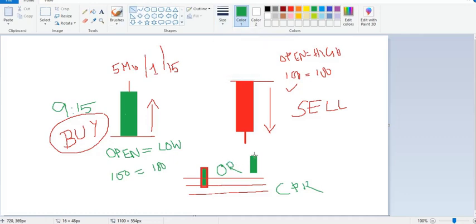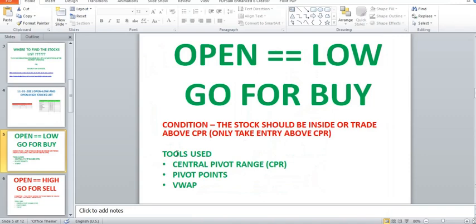There are no wicks on the downside. This is called open is equal to low. The conditions: the stock opens inside the CPR or above the CPR. Only take entry above CPR.